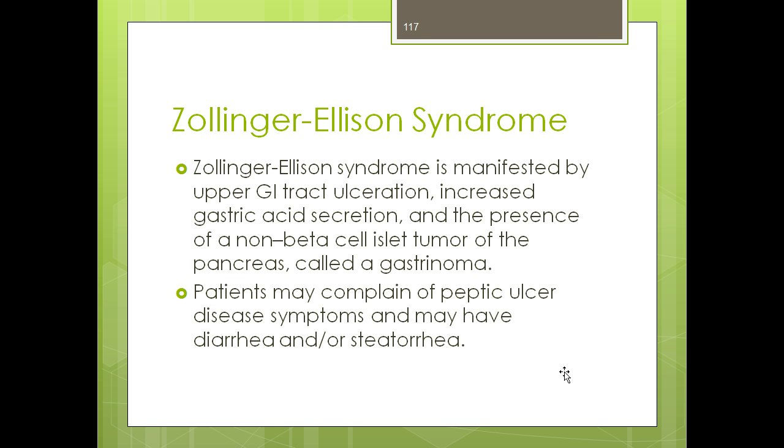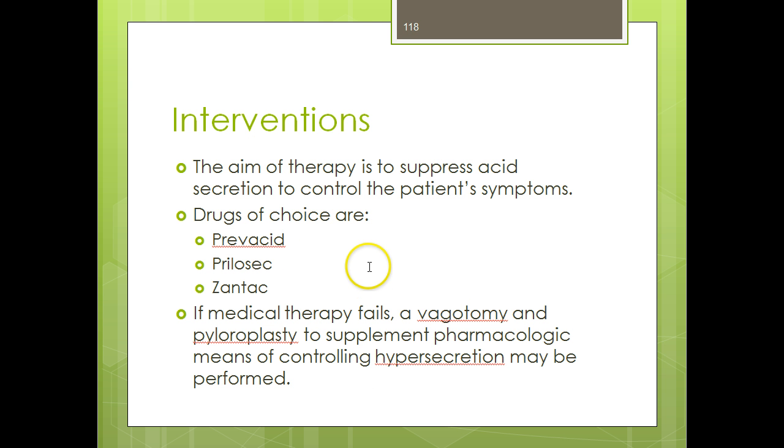A lot of times patients may complain of peptic ulcer disease symptoms and may have diarrhea and/or steatorrhea, which I already talked to y'all about, the fatty stools. Interventions: the aim of the therapy is to suppress the acid.